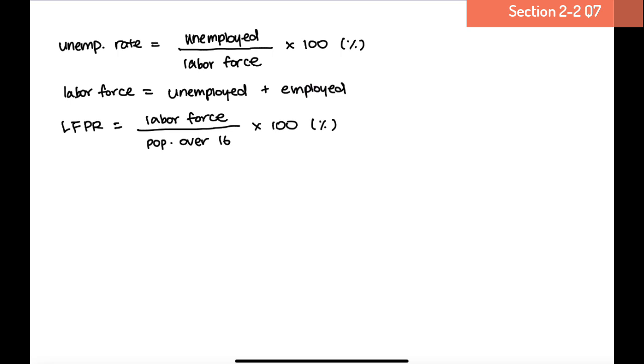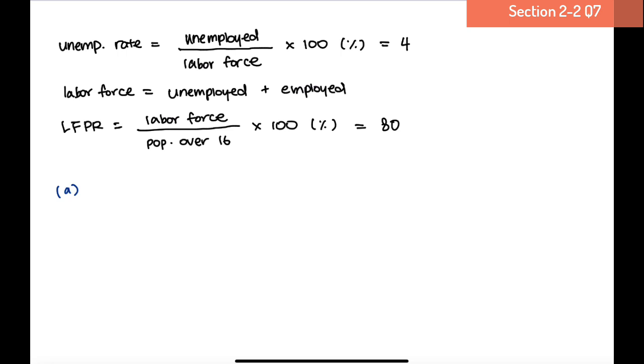people who can work. And we know that our unemployment rate in this economy is 4, and the labor force participation rate is 80. So first, let's figure out how many people are unemployed in this economy.